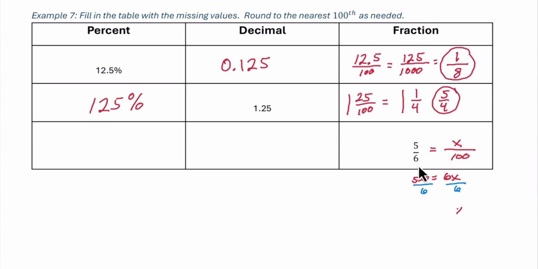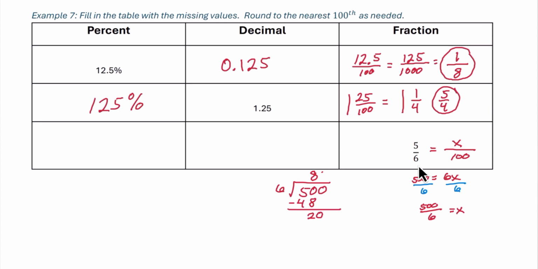And we get x equals 500 divided by 6. We'll have to do the long division there. 500 divided by 6. 6 will go into 50 8 times. 8 times 6 is 48. Subtract, we get a 2. We'll drop down a 0.